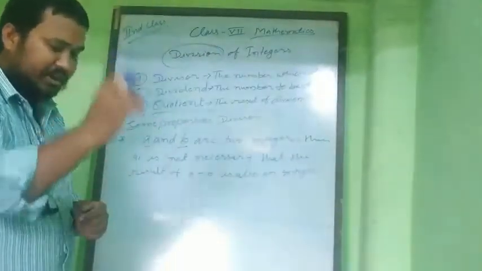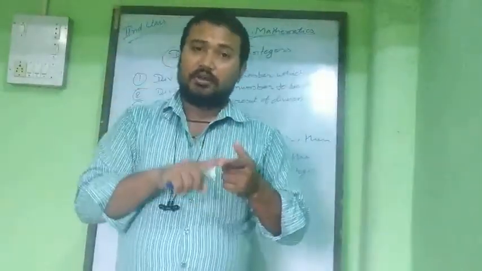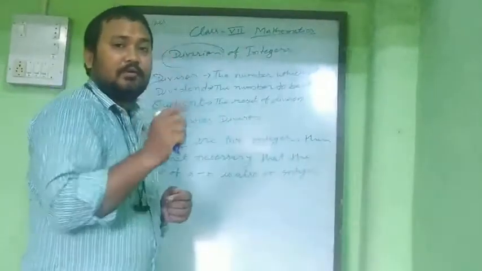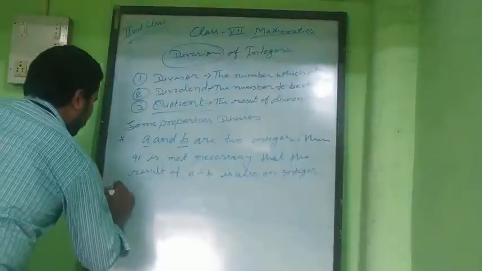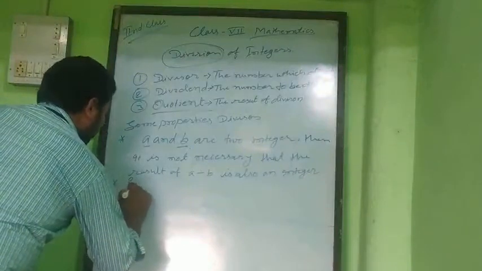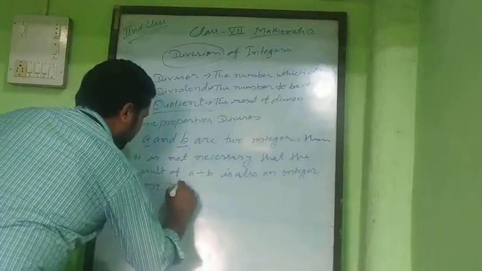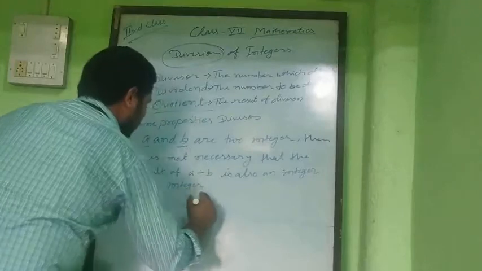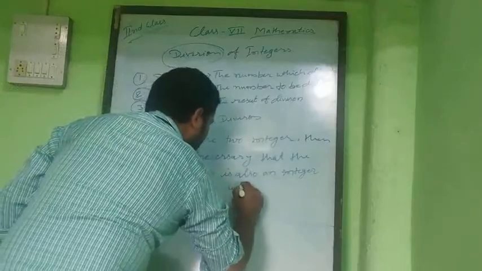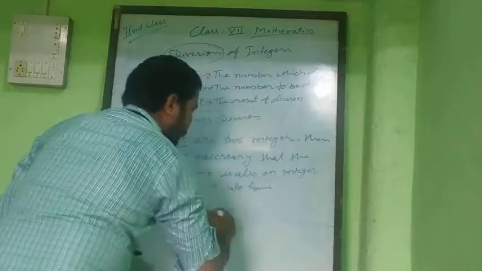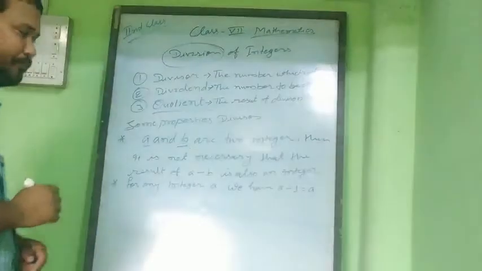If any integer is divided by 1, then we get the result also A. For any integer A, we have A divided by 1 equals A.